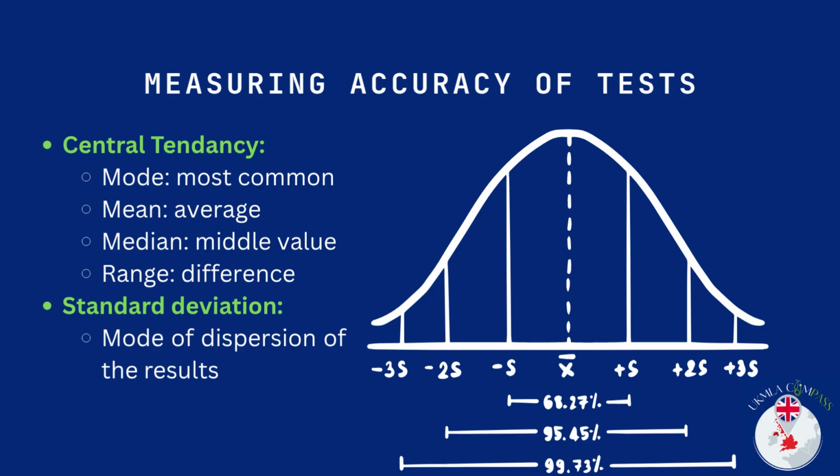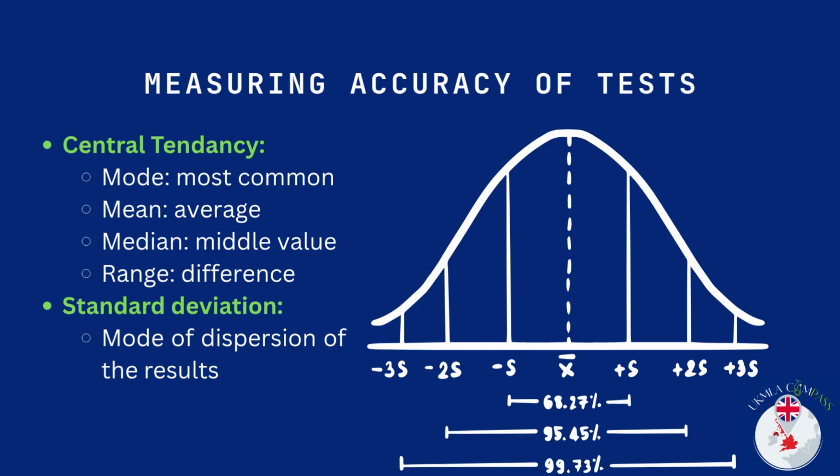There's a first standard deviation from 100 to 200, second standard deviation from 200 to 300, third standard deviation from 300 to 400, and so on. So the more there is dispersion of the results, this means that this study is actually accurate.